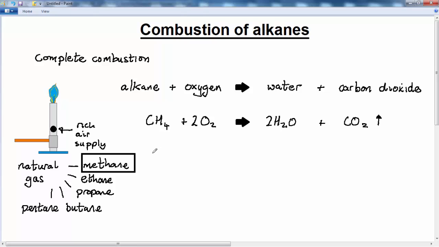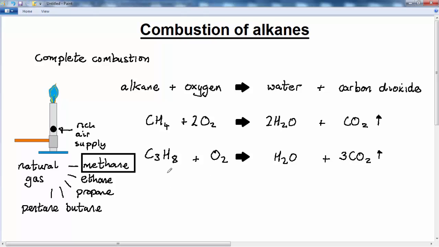And then let's have a look, for example, at just propane. So we'll have C3H8 for propane plus oxygen, H2O for water. Again, same products, always the same products for complete combustion. So let's balance the equation. Let's have a look at the carbons first. In this case, we've got 3 carbons here, we've got 1 there, so we'll put a 3 here.